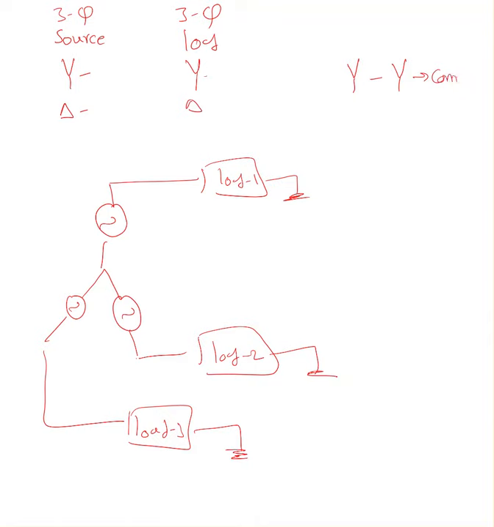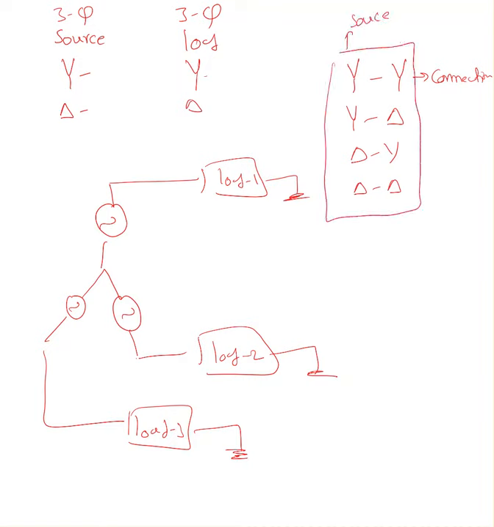Then Y-delta, delta-Y, and delta-delta. These are the 4 types of connections we'll see in a three-phase system. Here this is a source and this is a load. Now I'm going to solve an example in this video, a YY connection, which is nothing but a Y source and a Y load.